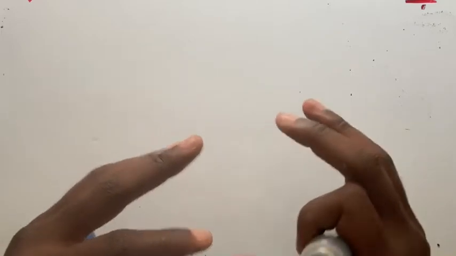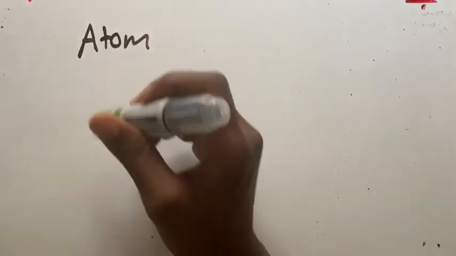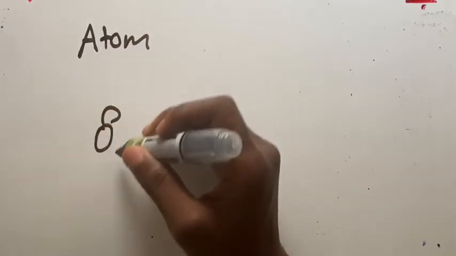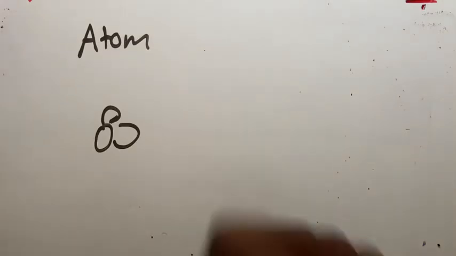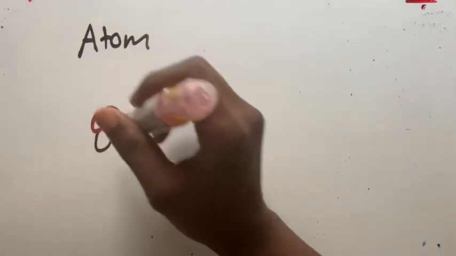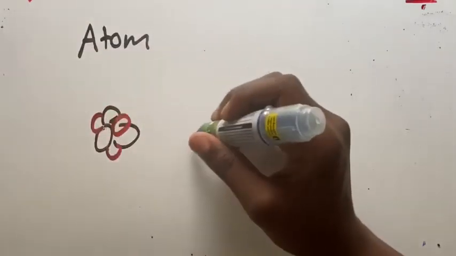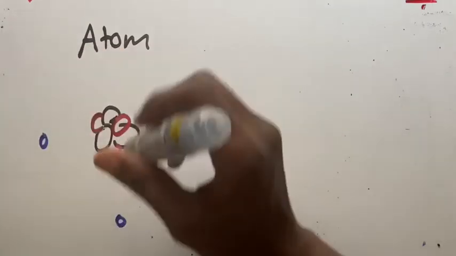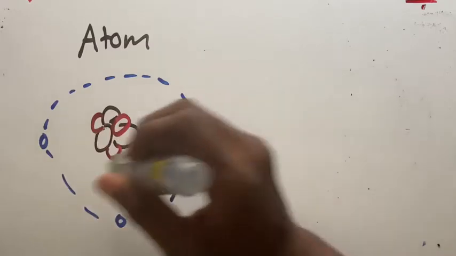So if I were to draw an atom here, this is my atom. This is the nucleus of the atom. Then this atom has some electrons kind of flying around it like this.